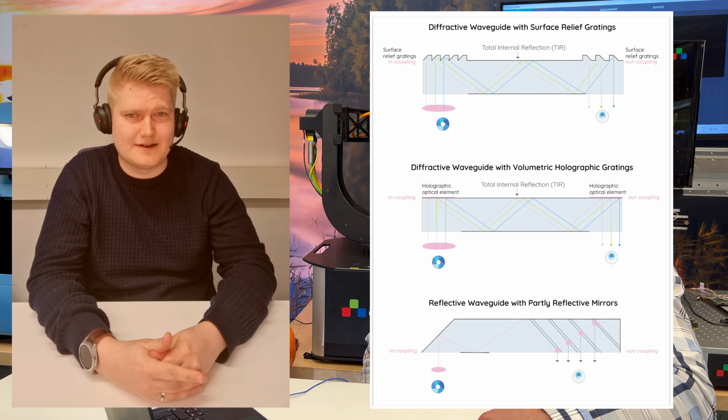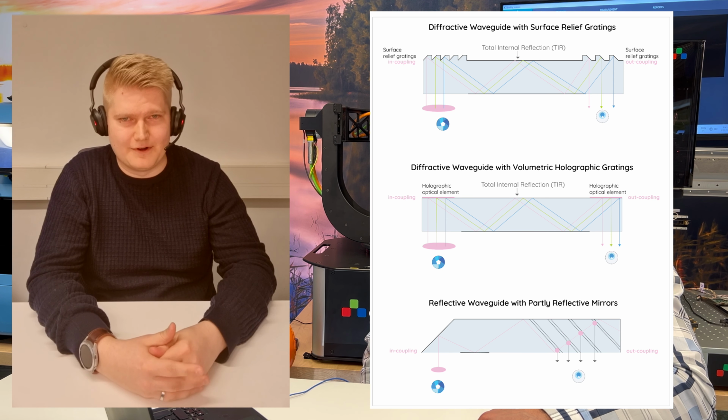Okay, so these optical elements that bend the light into the glass and out, what are those? Depending on what type of waveguide we have, the three most common waveguide types are diffractive waveguides, holographic waveguides, and reflective waveguides.